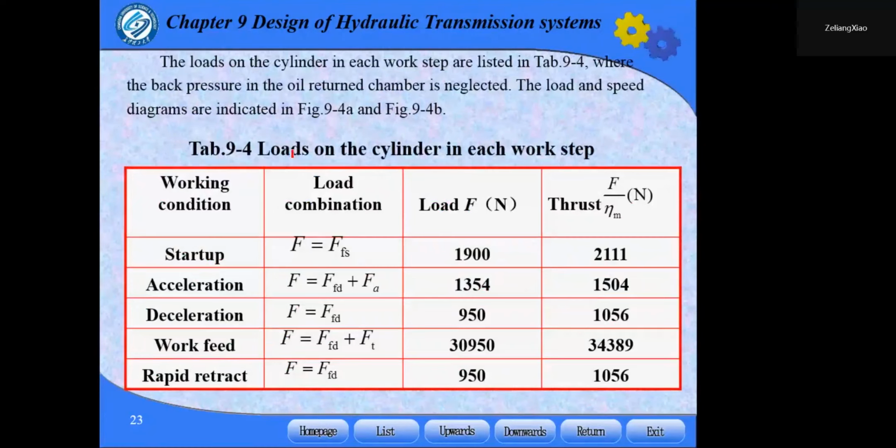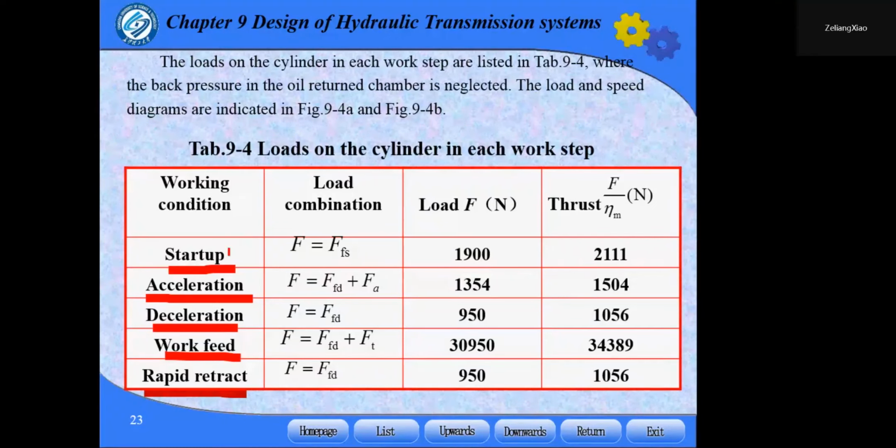Cylinder load working conditions: startup, acceleration, deceleration, working and rapid return. So the loads of the cylinder in each work step are listed in this table, where the back pressure in the oil return chamber is neglected. Load and speed diagrams are shown in Figures A and B. Also, we can pay attention to this table.